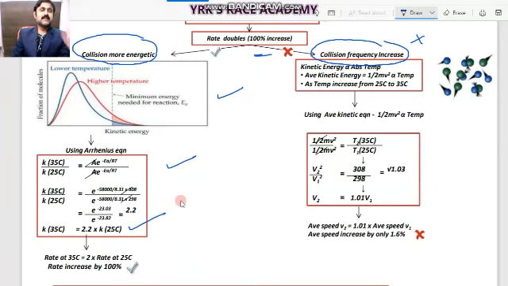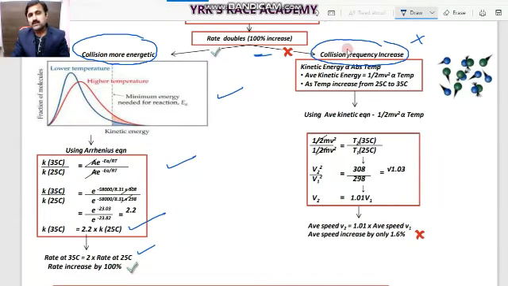So the rate constant is calculated at 25 degrees Celsius and at 35 degrees Celsius. That relation is telling that the rate constant value approximately doubles, which is one of the 100% product formation of the chemical reaction.